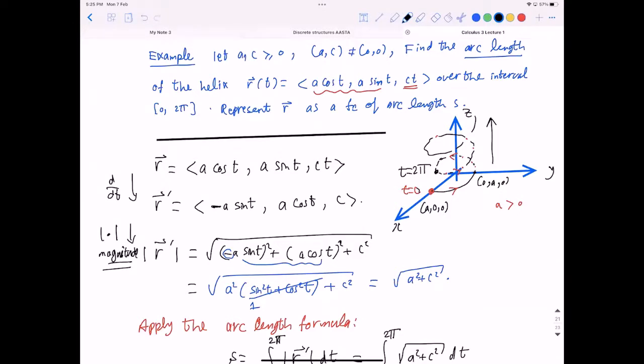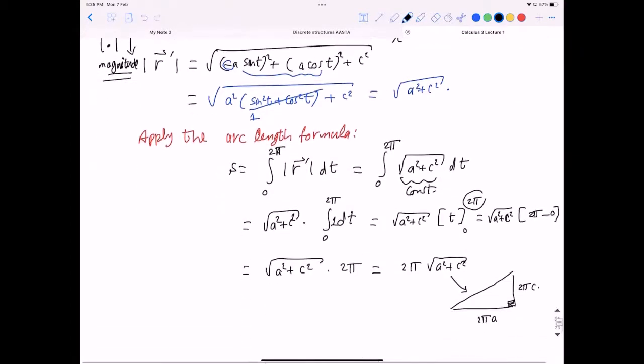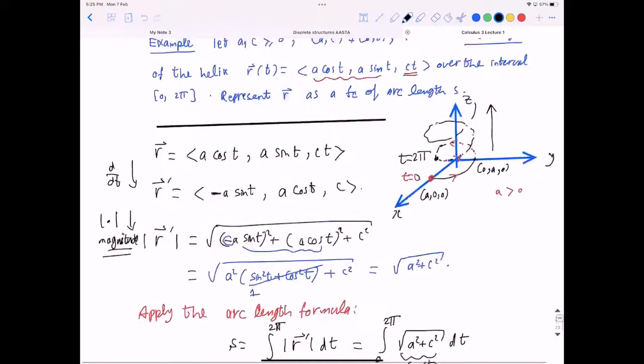Its position vector, its tangent vector capital T, its arc length, its curvature, which is to come in this lecture. The second part is how to represent R as a function of arc length S. So R of S. He asks you to transform R of T, a function of T, and find it as a function of S. How to do that?